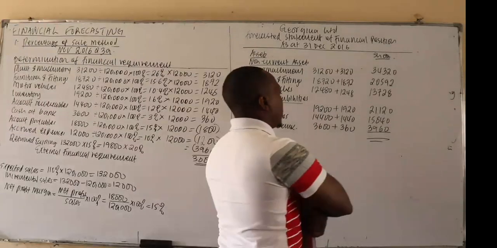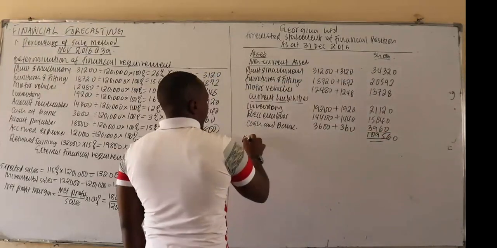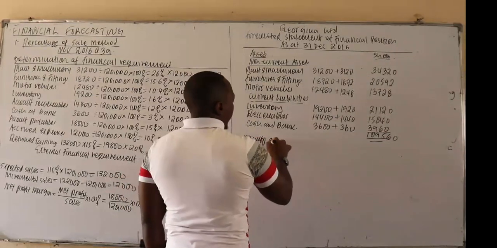Yes? 560. Then we have equity and liabilities.